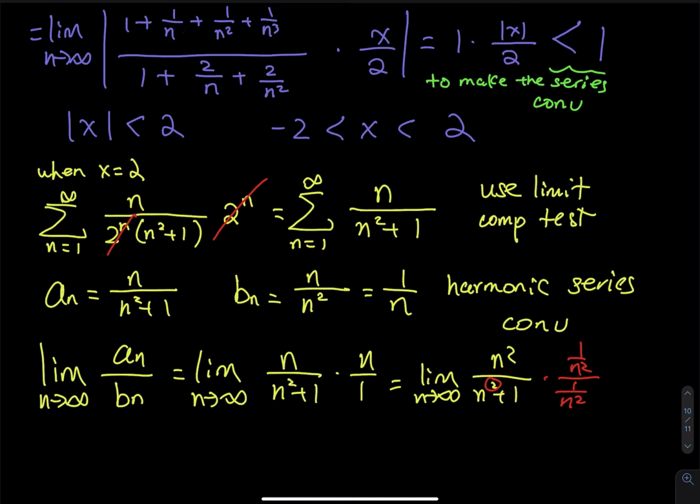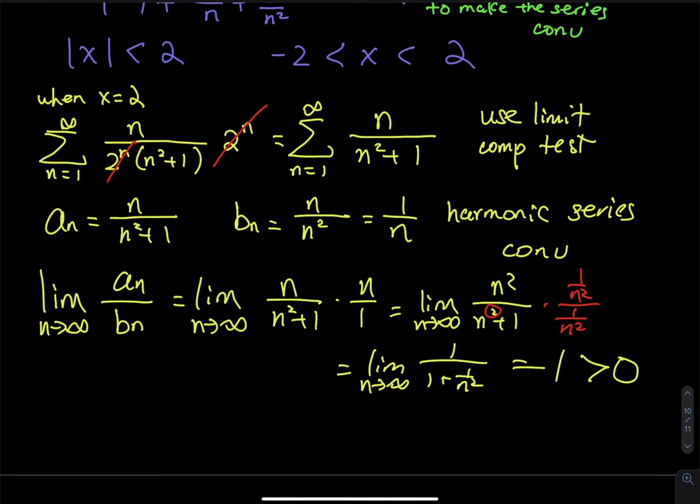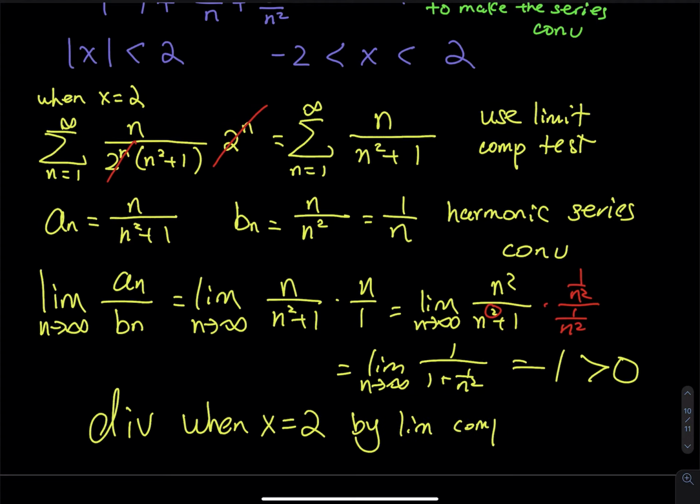At the end, you have the limit as n approaches infinity of 1 over 1 plus 1 divided by n squared, which is just 1. So this is greater than 0. That means by the limit comparison test, the series diverges when x equals 2. So that is the right endpoint.